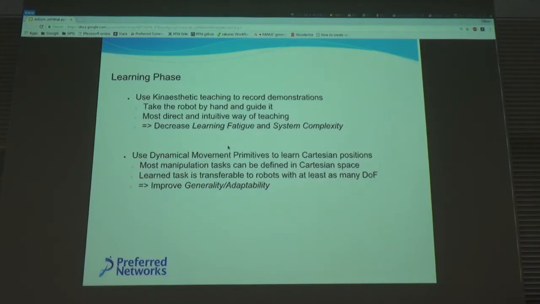Beginning with the learning phase, in order to record the demonstrations, I use kinesthetic teaching, and probably you've never heard of it before. Basically, there are many different ways of recording demonstrations. You could use external cameras, for example, that can track the human body. If I do something, then the camera could track what I'm doing and transfer those demonstrations to the robot.